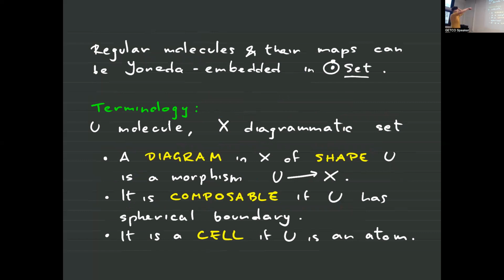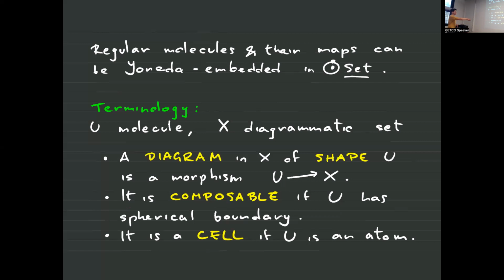Not only atoms, but also regular molecules and their maps can be embedded as special cases of maps. Diagrammatic sets is just some terminology. If U is a regular molecule and X is a diagrammatic set, so a presheaf over these things, I call a morphism from the embedding of U to X a diagram of shape U. Spherical boundary is what I used to use for round, then I realized that round is snappier.